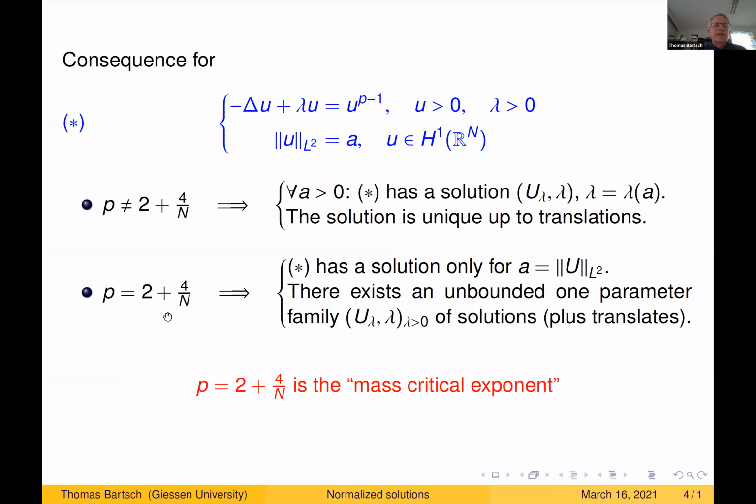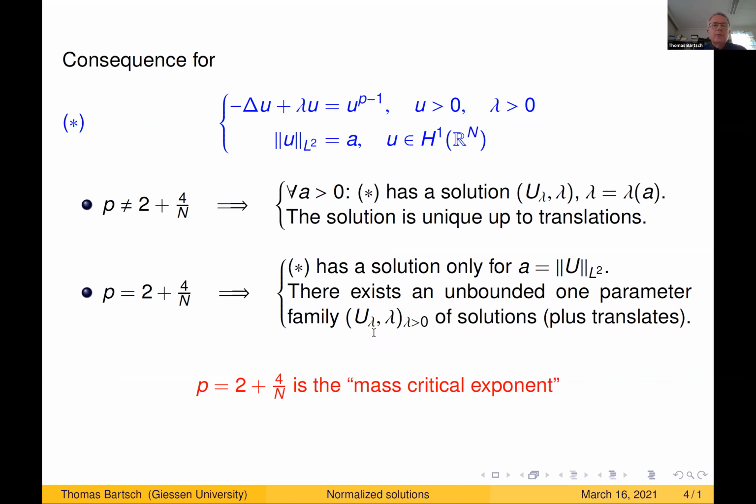However, if p is equal to 2 plus 4 over n, then you only have a solution if a has precisely this value, the L2 norm of the solution for lambda equals 1. And then you have an unbounded one-parameter family of solutions, namely the scaled family u_λ, and of course, their translates.